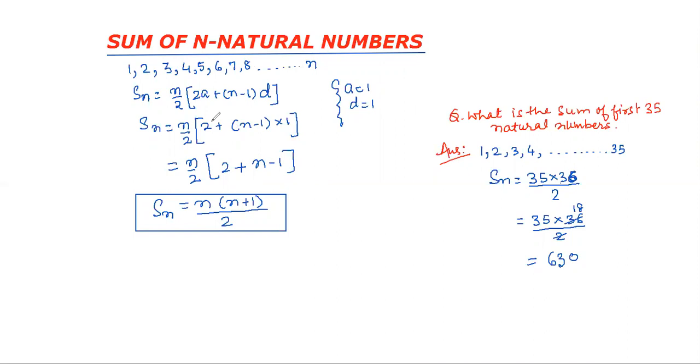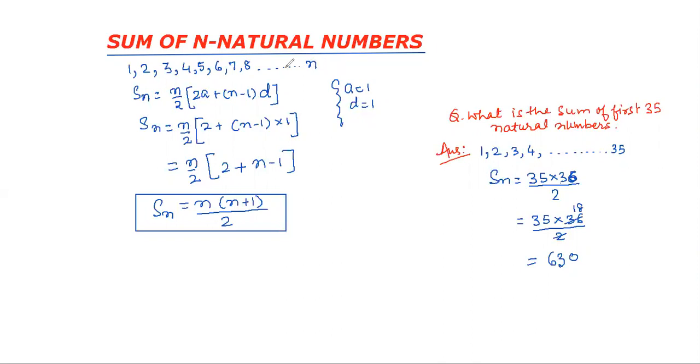Sum of natural numbers means 1, 2, 3, 4, 5, 6, 7, 8. Say you want to add n terms of the natural numbers. So if this is the third term, the number is also 3. Means the place is 3 and the number you are adding is also 3. So if it is n, that means the number will also be n because it is a natural number.